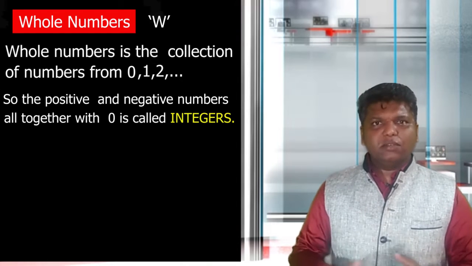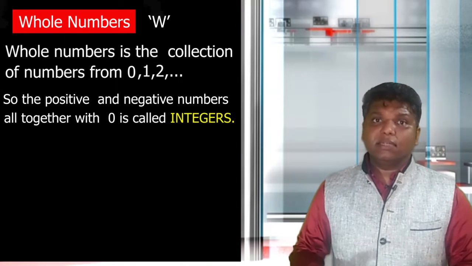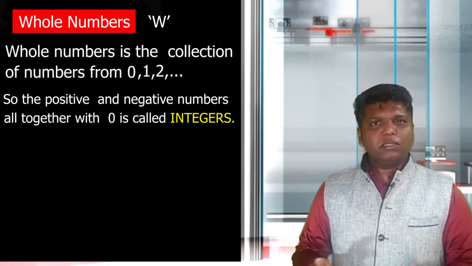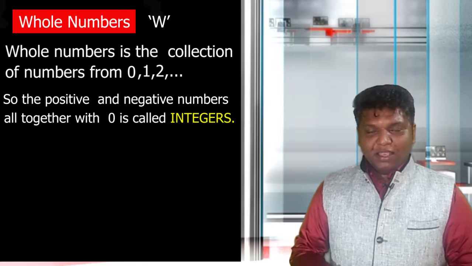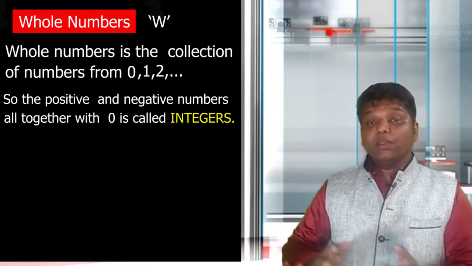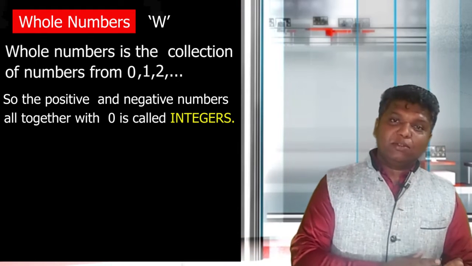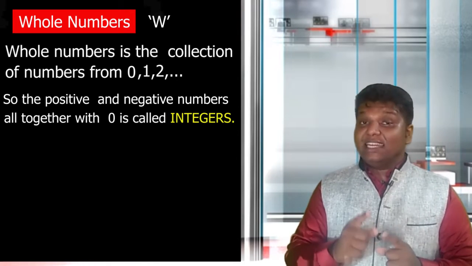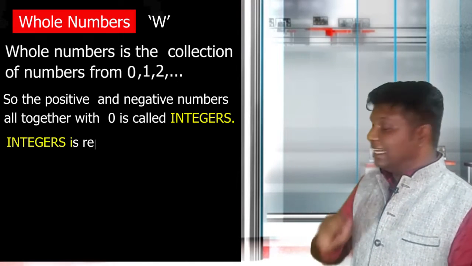It cannot be represented as positive, neither can it be represented as negative. That's why 0 is neither positive nor negative. So all the positive numbers and all the negative numbers along with 0 come together under the set of integers, and integers are represented by the letter Z.